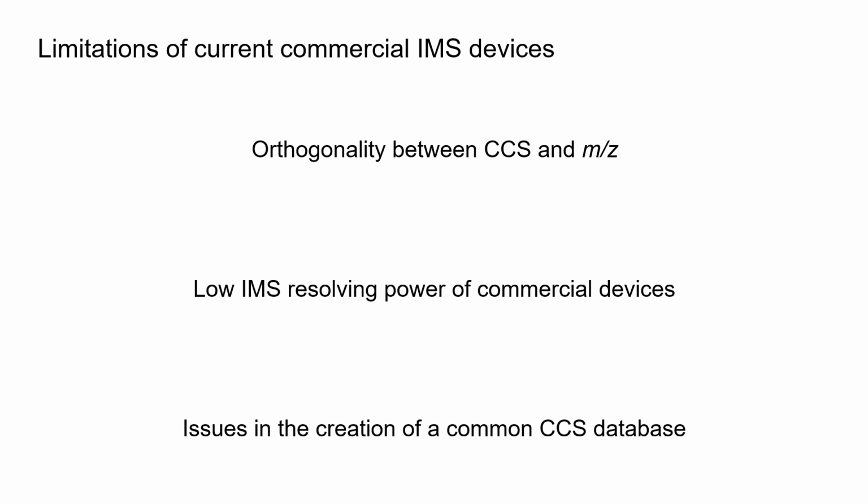But let me make one consideration first. Historically, ion mobility was born as a great tool in the analysis of large molecules like proteins, protein complexes, polymers, etc. In relatively recent years, we are trying to make it useful also for small molecule applications.